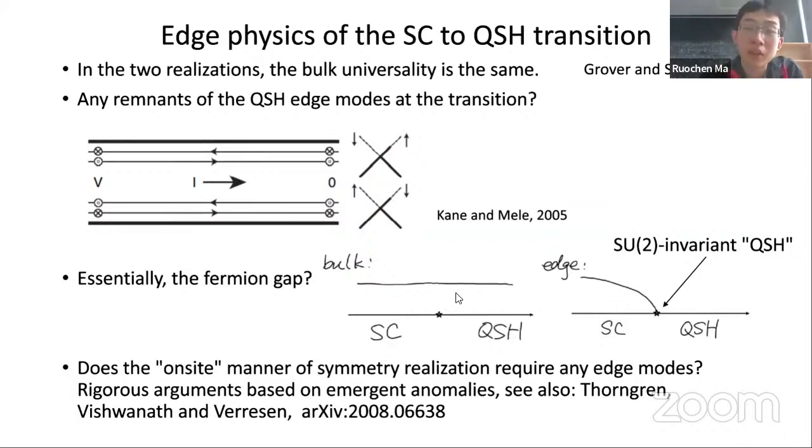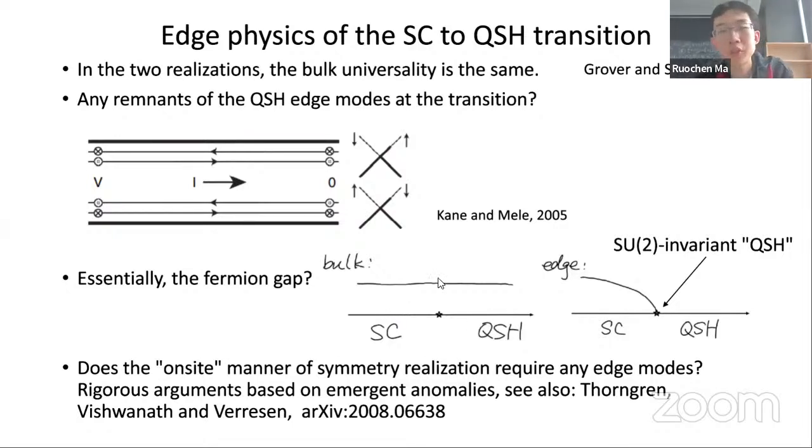That is obvious. And I will describe shortly that even at the phase transition, where the bulk spectrum is gapless, a single electron is also gapped. So in the bulk, the single electron gap, the single fermion gap, is always finite throughout the phase diagram.